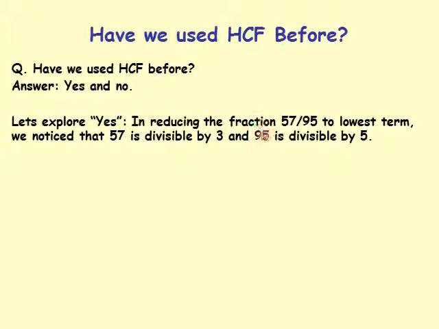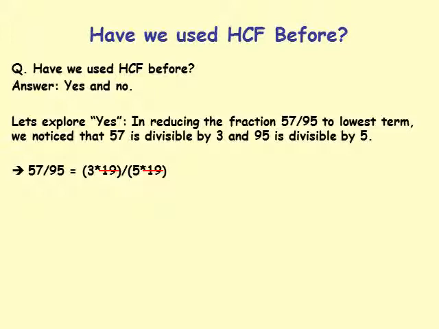And 95 ends in 5, so it is divisible by 5. Because of this property, 57 divided by 95 is 3 times 19 divided by 5 times 19. Now we have 19 as a common factor.